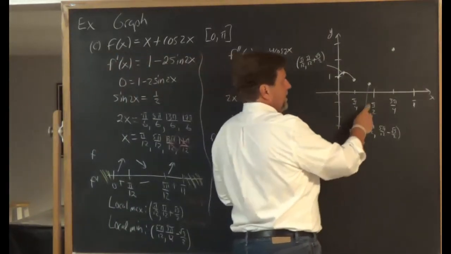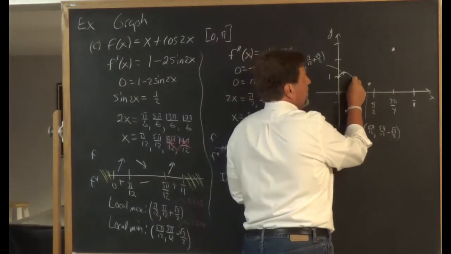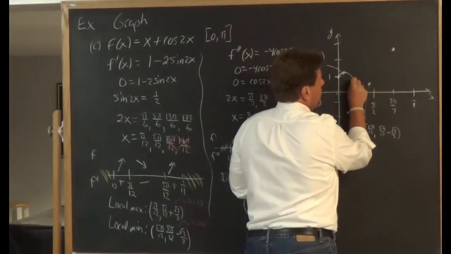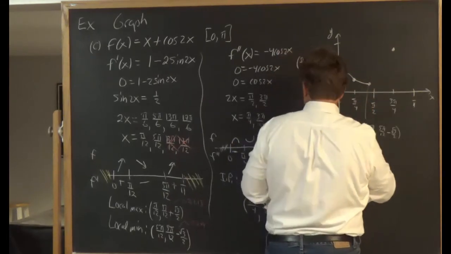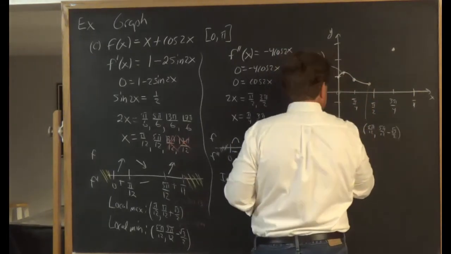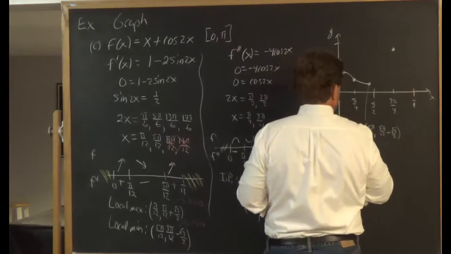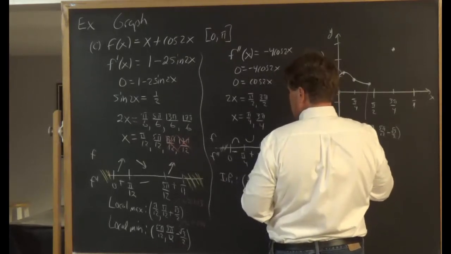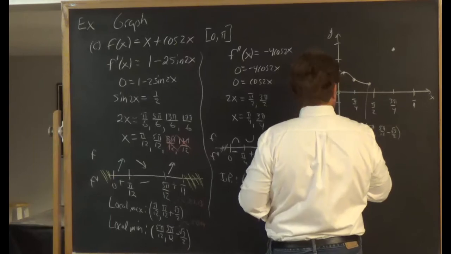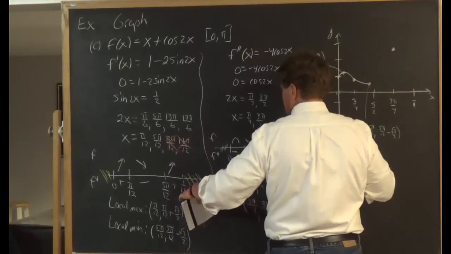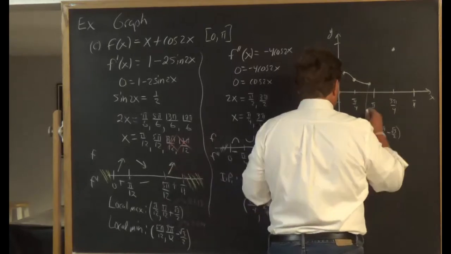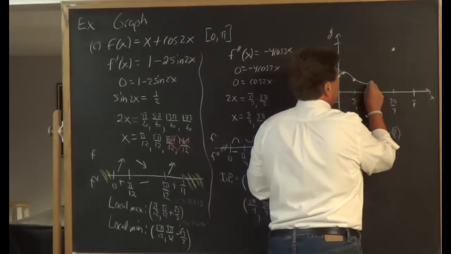It has to continue to decrease till we get to the local min, concave up, and then it, let's see, it starts to increase. It starts to increase, and now it becomes concave down again.